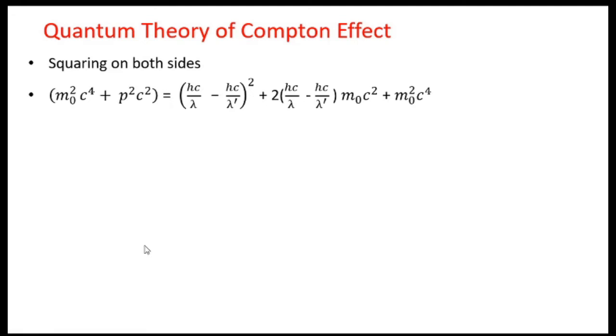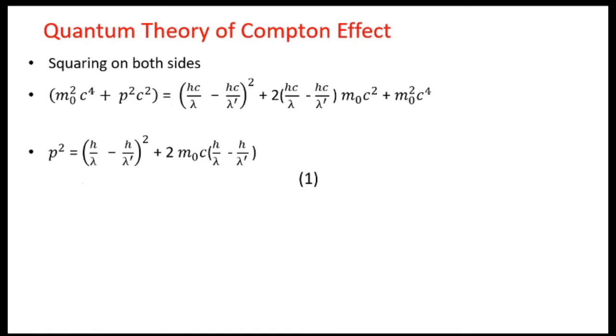Squaring both the sides, I get m0 square c raised to the power 4 plus p square c square is equal to the square of the bracket hc upon lambda minus hc upon lambda dash, plus 2 times the bracket hc upon lambda minus hc upon lambda dash times m0 c square, plus m0 square c raised to the power 4. I used the simple relation (a plus b) whole square is equal to a square plus twice ab plus b square.